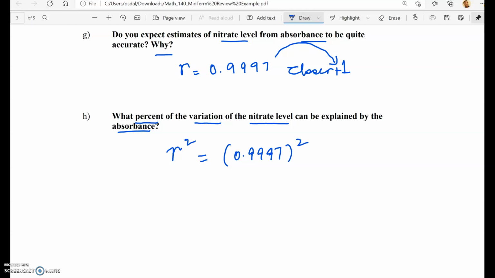I'm sorry, I said 9997 earlier; it should have been 9999. So this is 0.9999 squared, and we get 0.9998. We change this to a percent, so that's 99.98%. So 99.98% of the variation in the nitrate level can be explained by the absorbance.